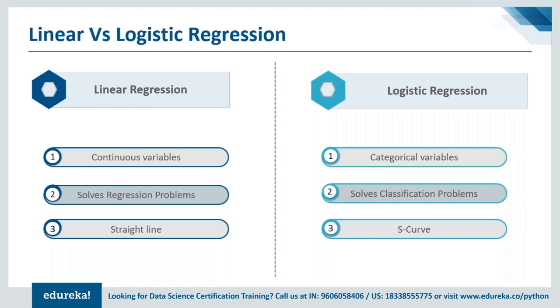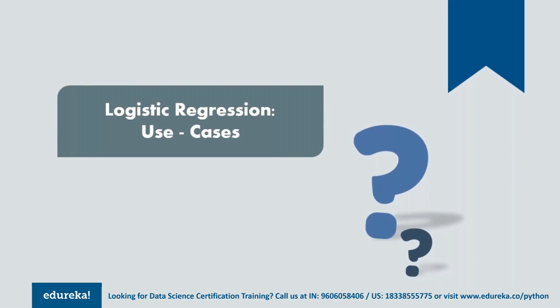And in linear regression the line is a straight line, that's the reason why we call it linear. And here in logistic, we have an S curve, which is the indication which we saw. So that is how linear and logistic regression differ. It is continuous versus categorical, regression versus classification, and straight line versus an S curve.